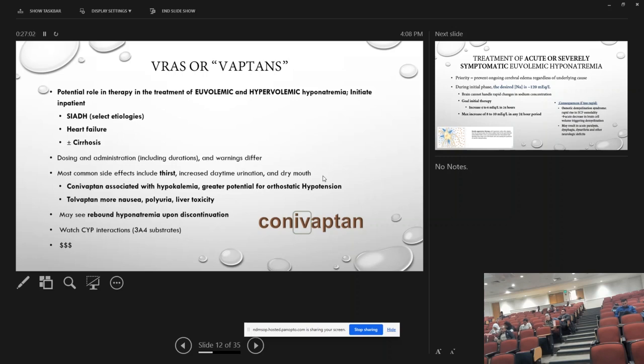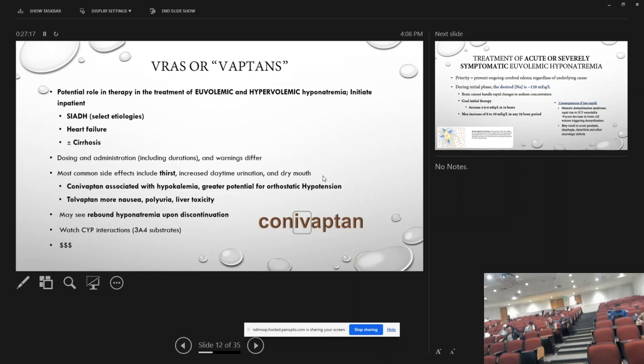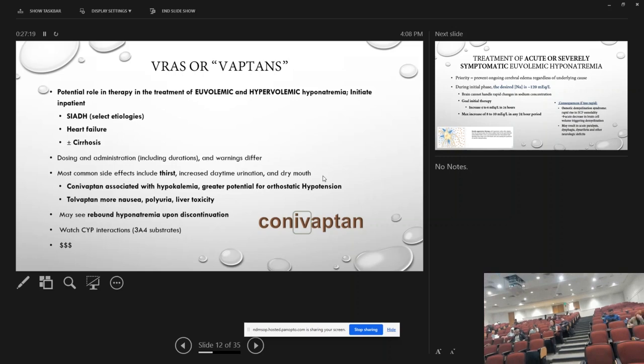They're not used that commonly, mainly because of the cost. These are all very costly drugs, and there's no good data on outcomes versus volume regulation and things like that. So really, you're going to use them in more refractory cases, mainly because of cost.